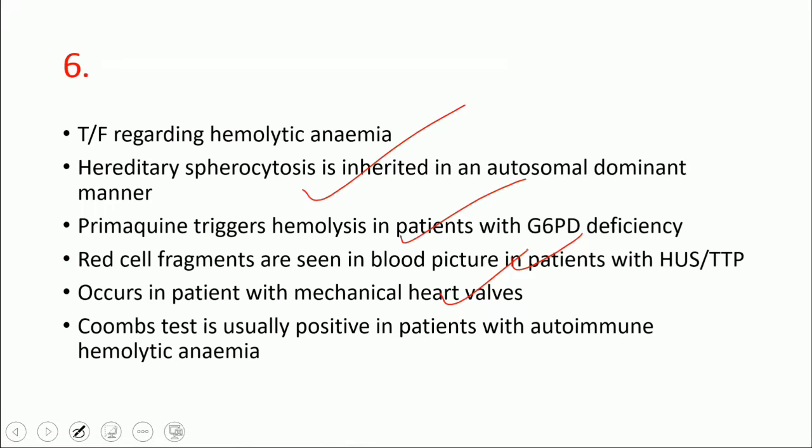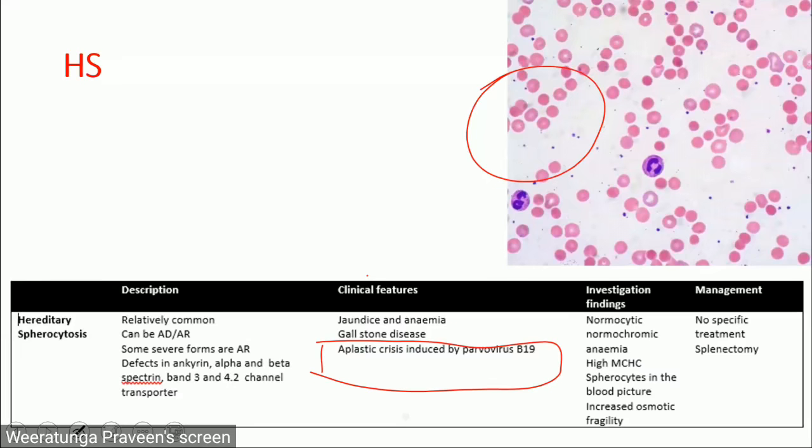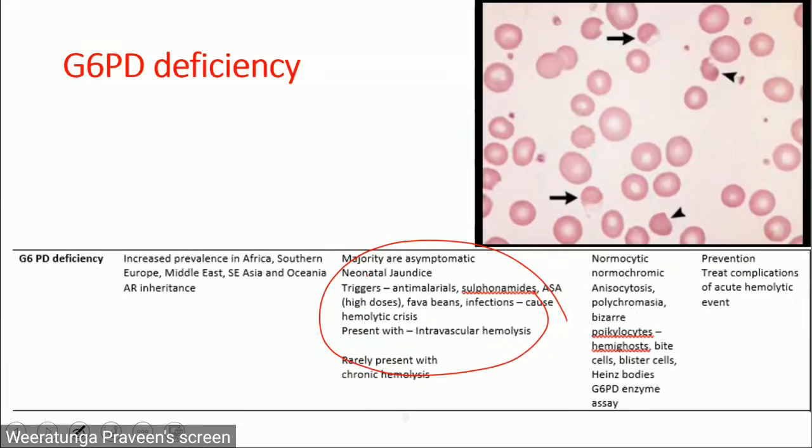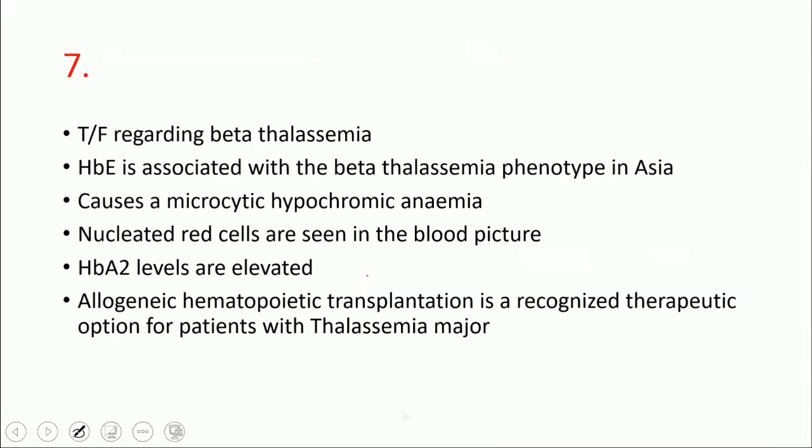Yes, autoimmune hemolytic anemia, usually the Coombs test is positive. That is also true. We'll talk about autoimmune hemolytic anemias in a bit more detail in the next few MCQs. Right. Okay. Heinz bodies, yes, you need a special stain.